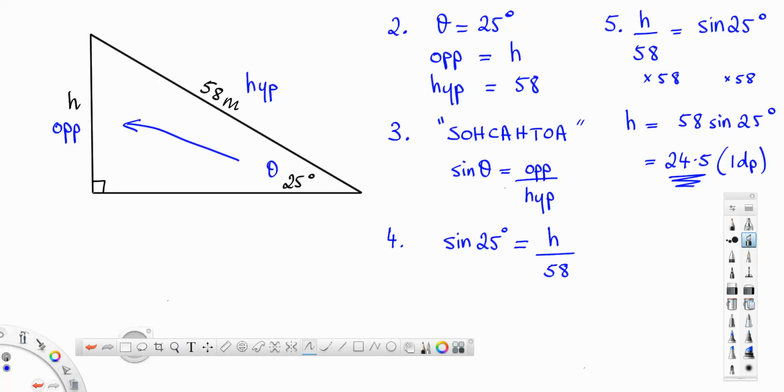You've got a little bit of information about a triangle, you can work out all the information about the triangle using these trigonometric ratios. Okay, so that's the process. 5 steps. So we'll now turn our attention to finding angles. That's in the next video.